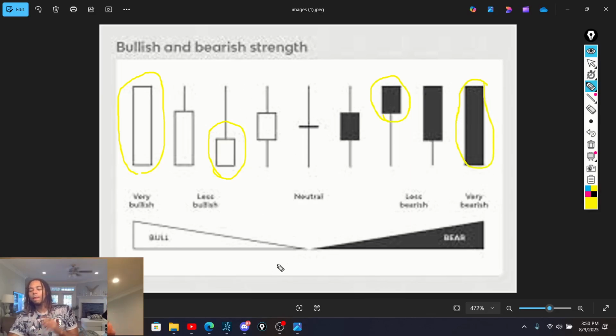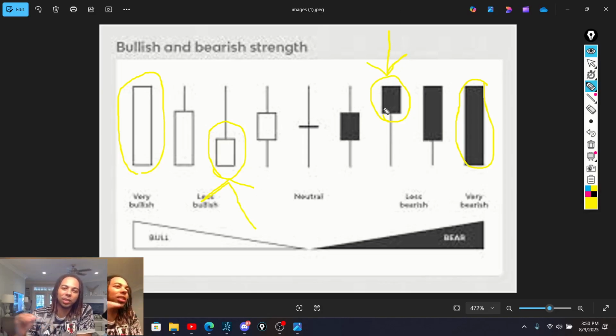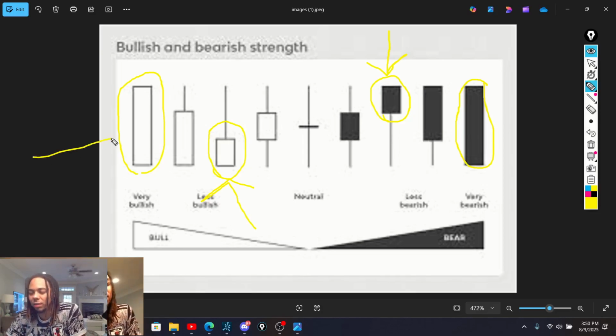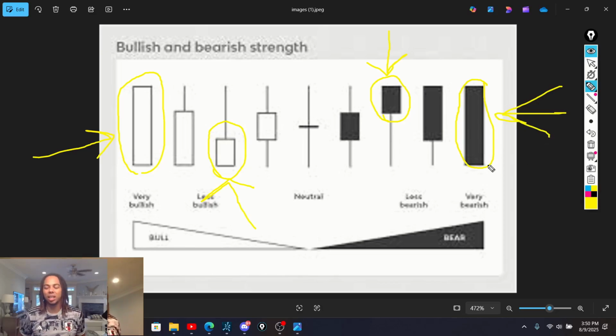So this candle and this candle are good candles, but I'm going to have a better representation for you in the next slide. But these candles on the far left and far right are your most important ones, in my opinion. They basically say, boom, the Bears are here to play, the Bulls are here to play.